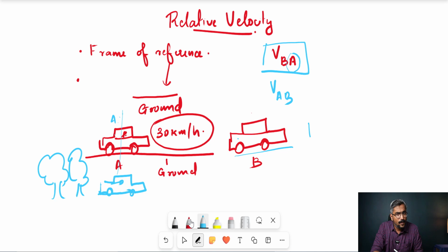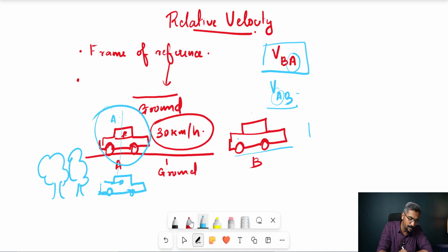That means, once we are considering the velocity, then definitely velocity is what? It's a vector quantity, so vectors will come into play. Then here VAB means what? The velocity of A, this car, with respect to the second car.